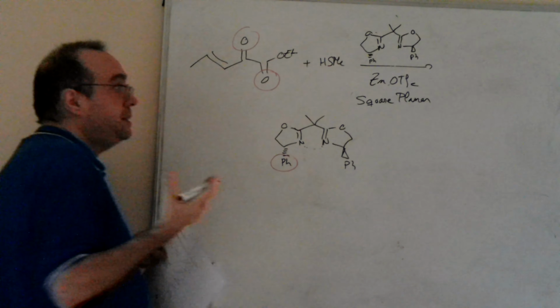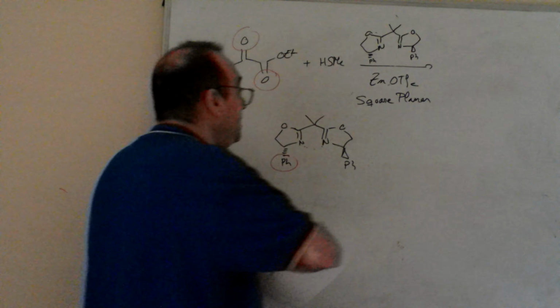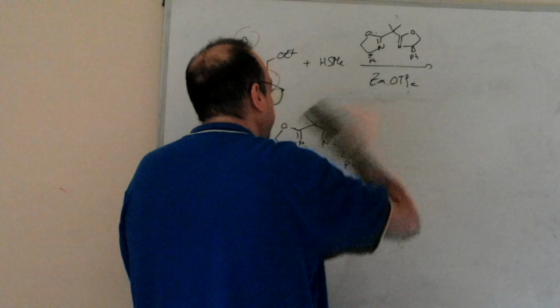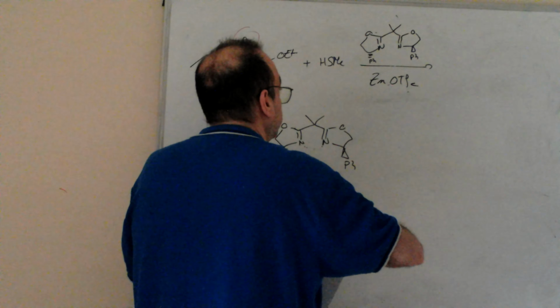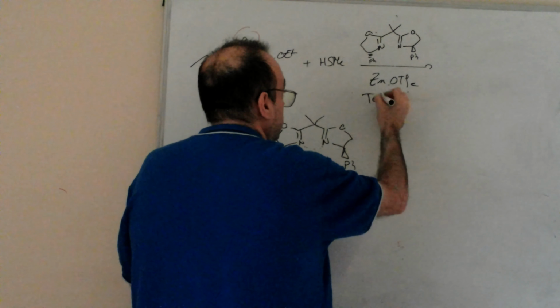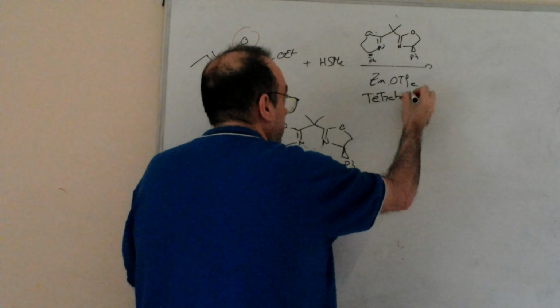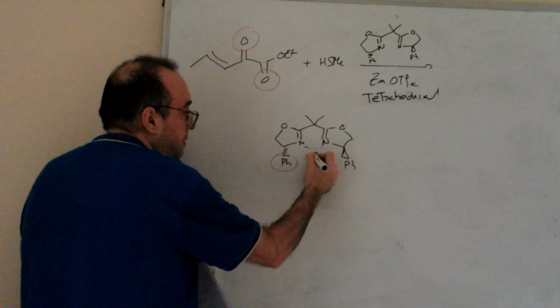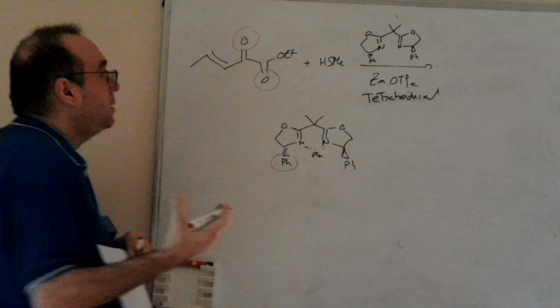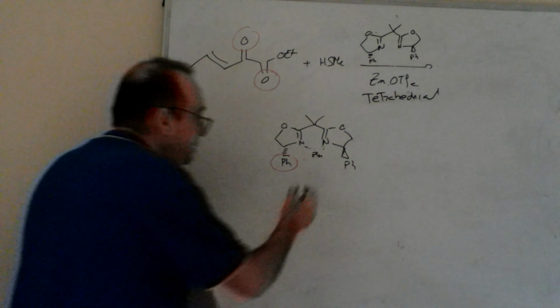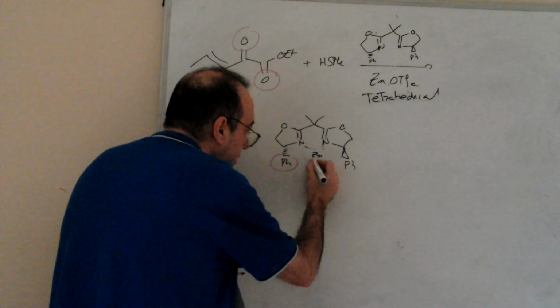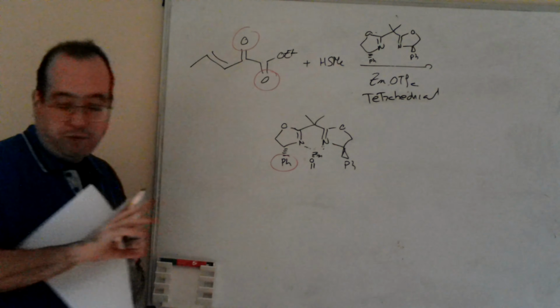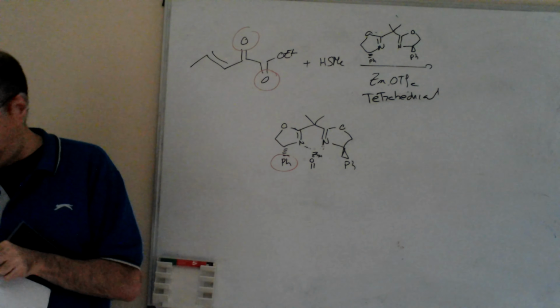I told you in the exercise that it's tetrahedral. What we need to do is exactly the same: we coordinate the zinc now, and when we coordinate the ester, we have to do it in a tetrahedral position.